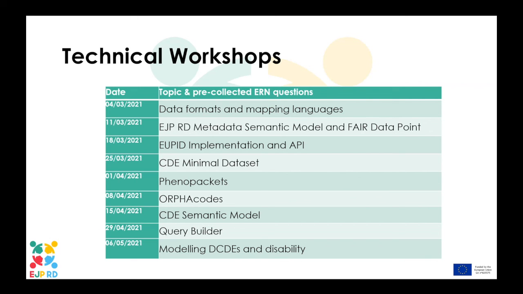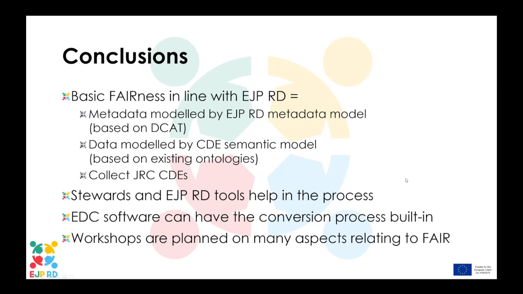Then we're down to our final slide of the prepared answers. So in conclusion, basic FAIRness in line with the EJPRD means metadata modeled by the EJP metadata model, which is based on the DCAT standard, and data modeled by the CDE semantic model, which itself is based on existing ontologies.